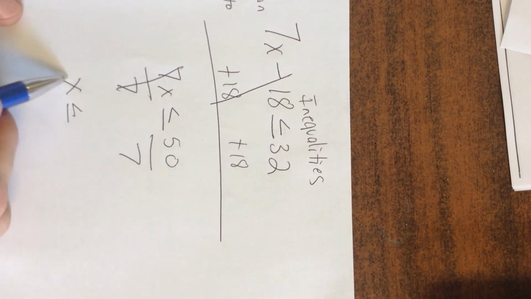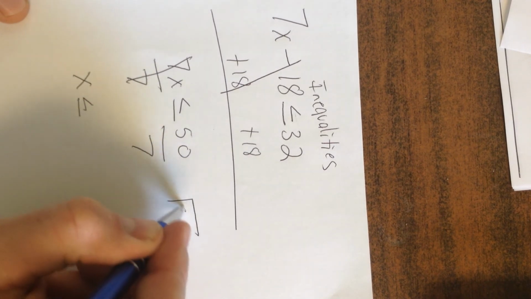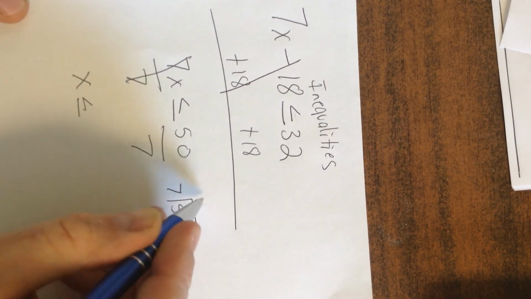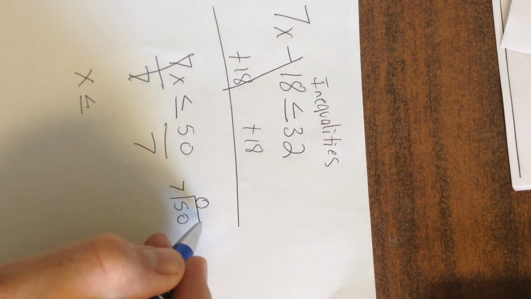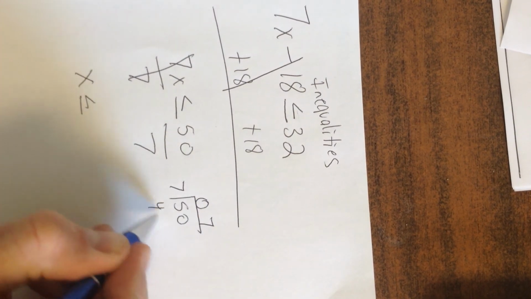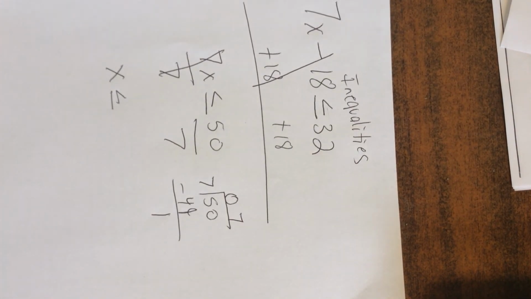whatever the answer to this division problem is. So put my 50, put my 7. Of course 7 doesn't fit into 50. 7 goes into 50 7 times. It's 49, subtract and get a 1. Do I stop?